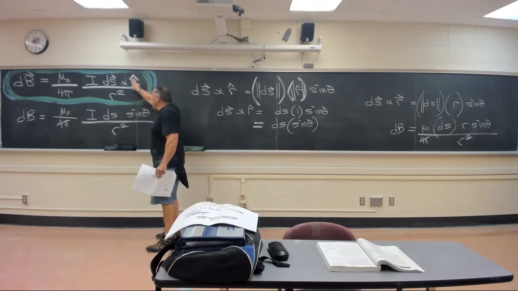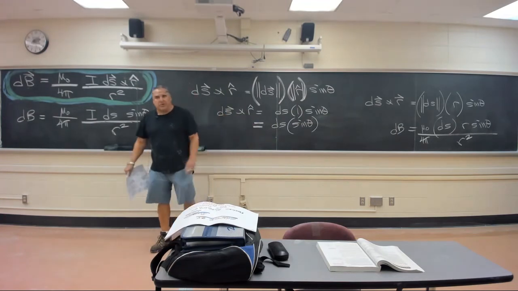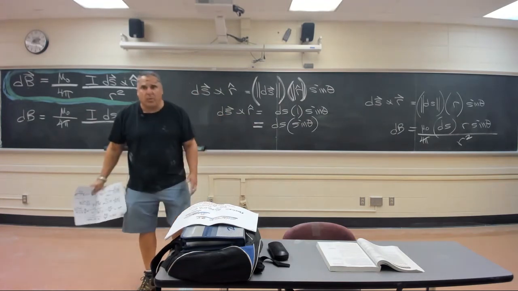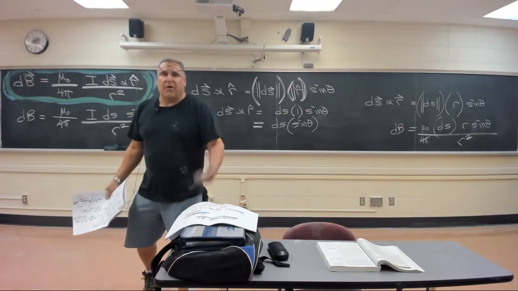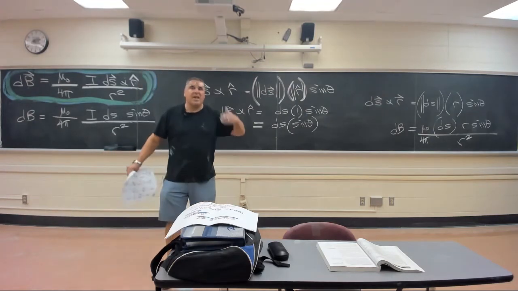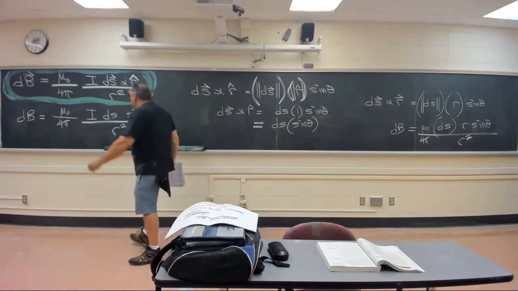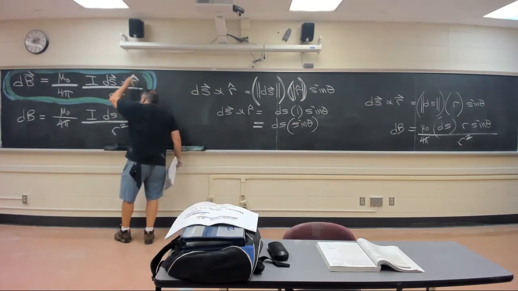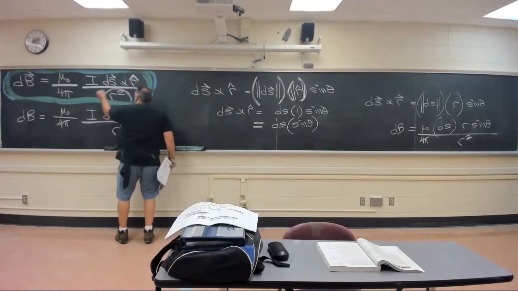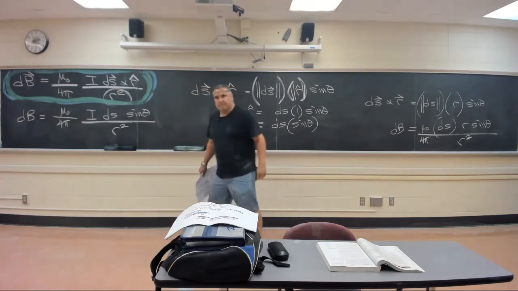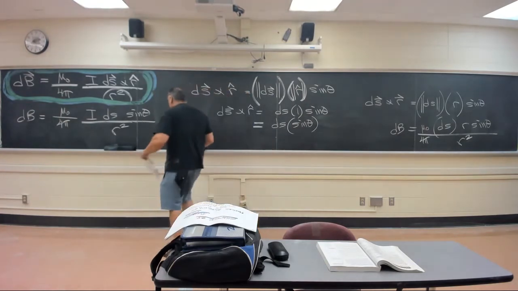If this was just a regular R vector here, the inverse square law would, quote unquote, be thrown out the window. Well, that's not the case. Biot-Savart's law is experimentally proven, and it is an inverse square law. If this is a unit vector, it won't do anything to that. So that's very important. So I want to just kind of say that.